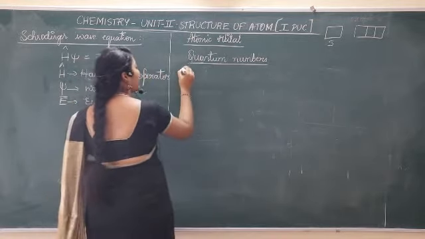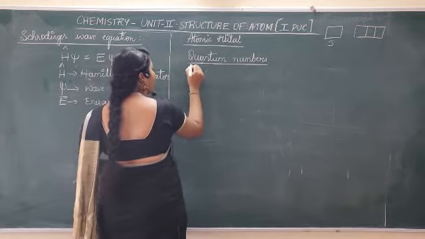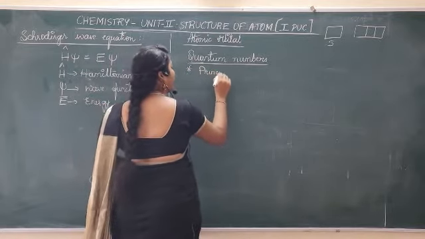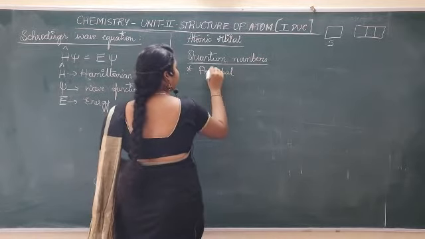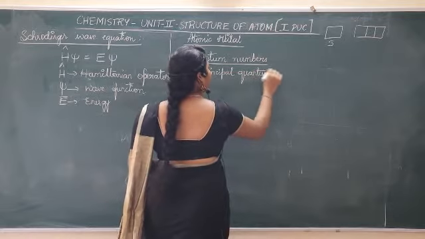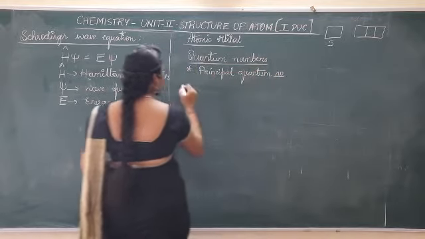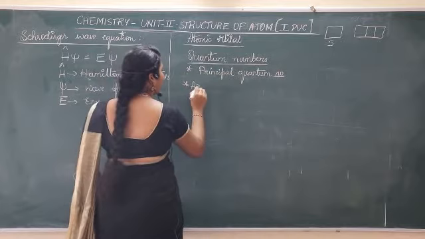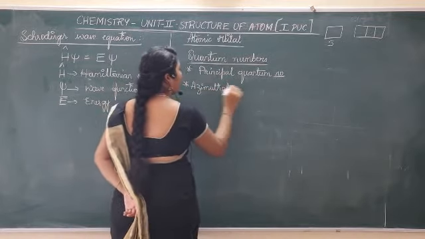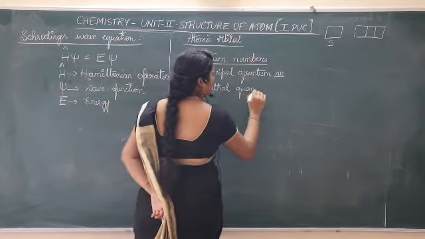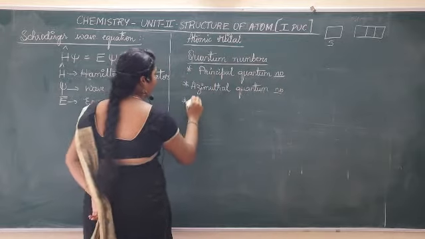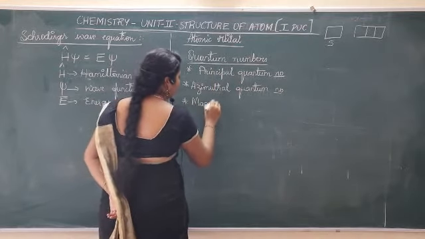The 4 important quantum numbers are the principal quantum number, the azimuthal quantum number, the magnetic quantum number, and the spin quantum number.